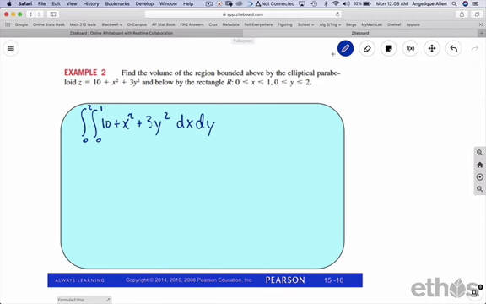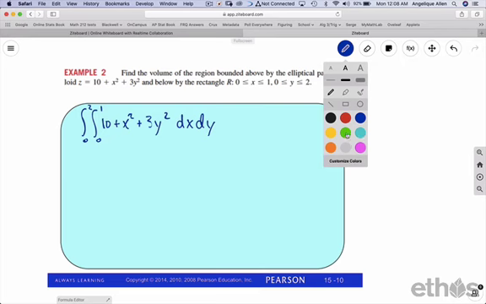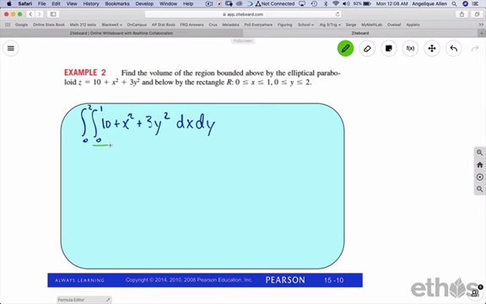Okay, so I've got to focus on my inside integral, this one, first, okay? And so we're going to say the integral of, with respect to x, of 10, okay, well, let's do my sandwich here. Okay, so that's going to be 10x.